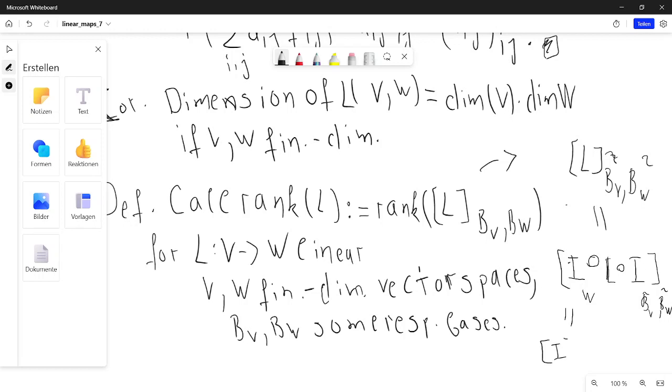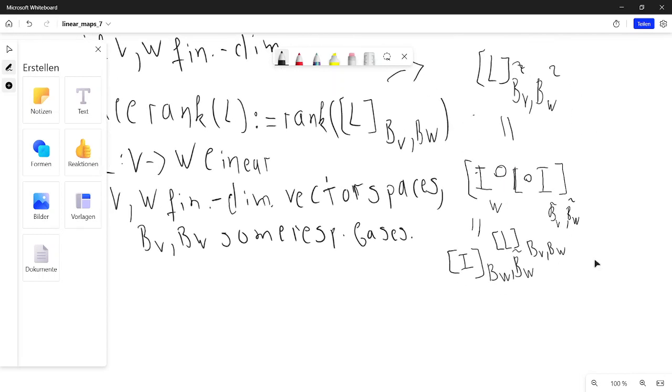You can check it with our theorems above about identification of matrices. That is L with respect to B_V and B_W.